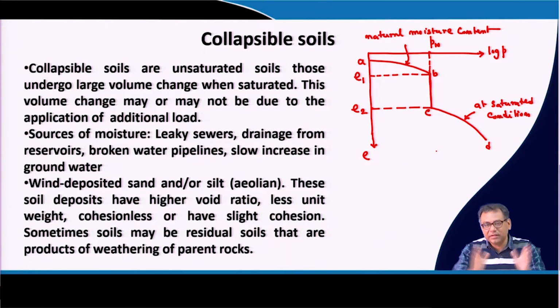So, the strength is reduced, or there is a possible amount of collapse. And if this is the wind deposited sand, then the void ratio is very high, so because of saturation there may be a large amount of volume change. Sometimes the soil may be residual soil that is a product of weathering of parent rock.